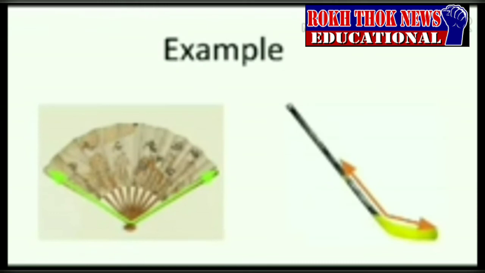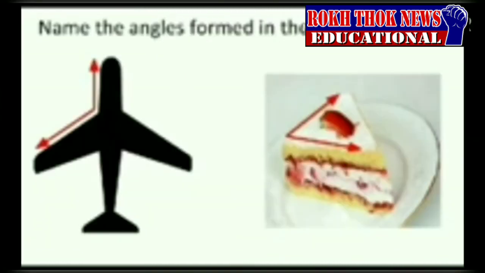Now, these are the examples of obtuse angles. In this first picture of a hand fan, you can see an obtuse angle shown by two arrow marks. And same with the second picture of a hockey stick. There are also two arrow marks showing an obtuse angle.